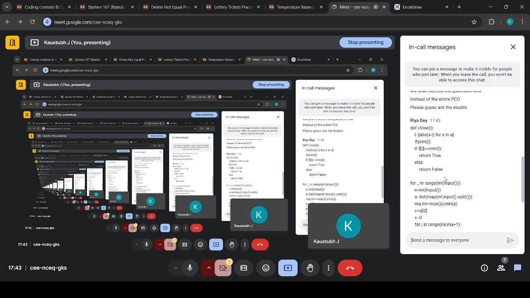I will subtract that number, and if I am getting zero at a particular number, and that is equal to the minimum of L, that is my first number, the chef's number, and the minimum of that list number, so it will return true. That is, we got one number close to it, or else it will return false.